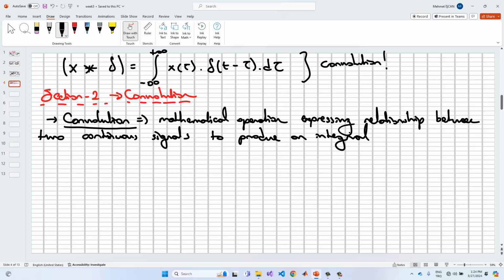Why integral? Just guess it. Why do we need to use the integral form?